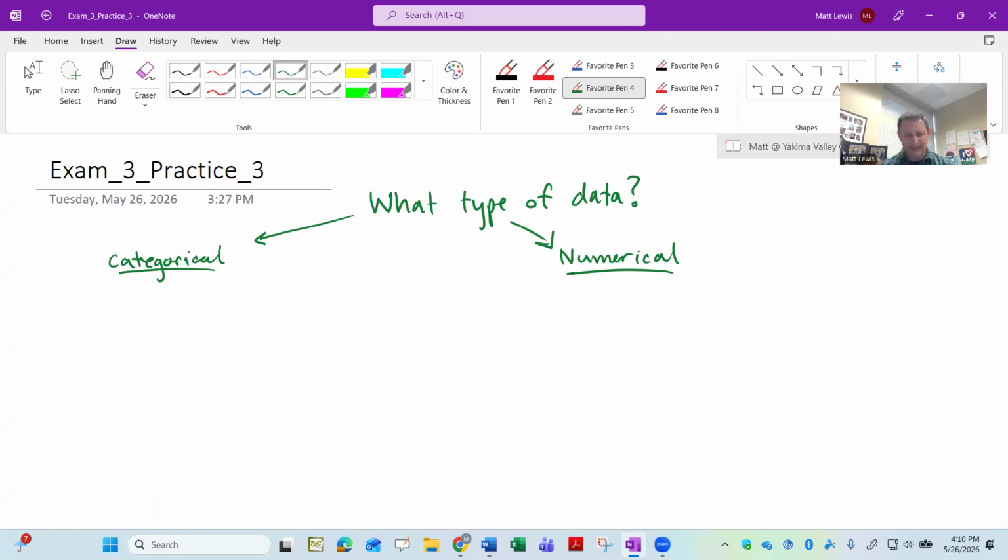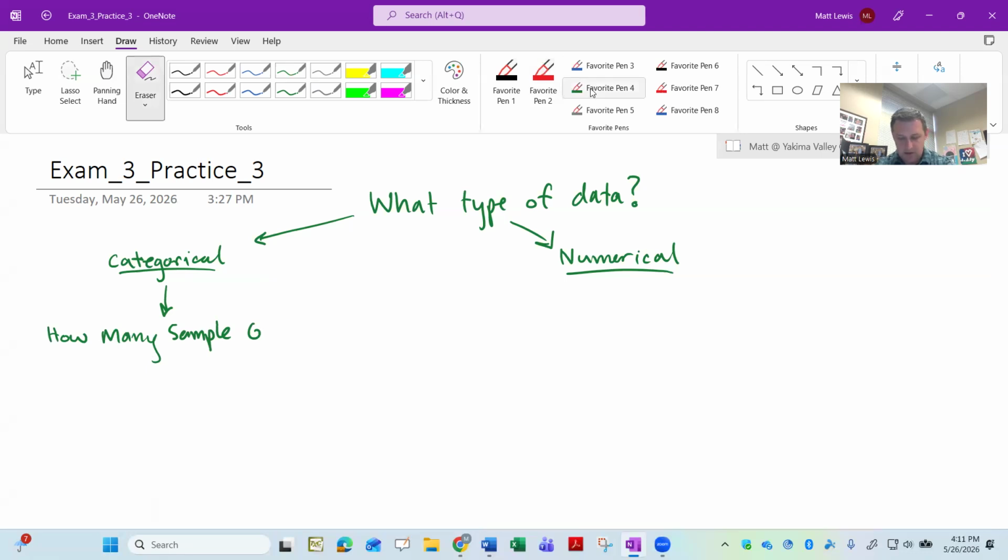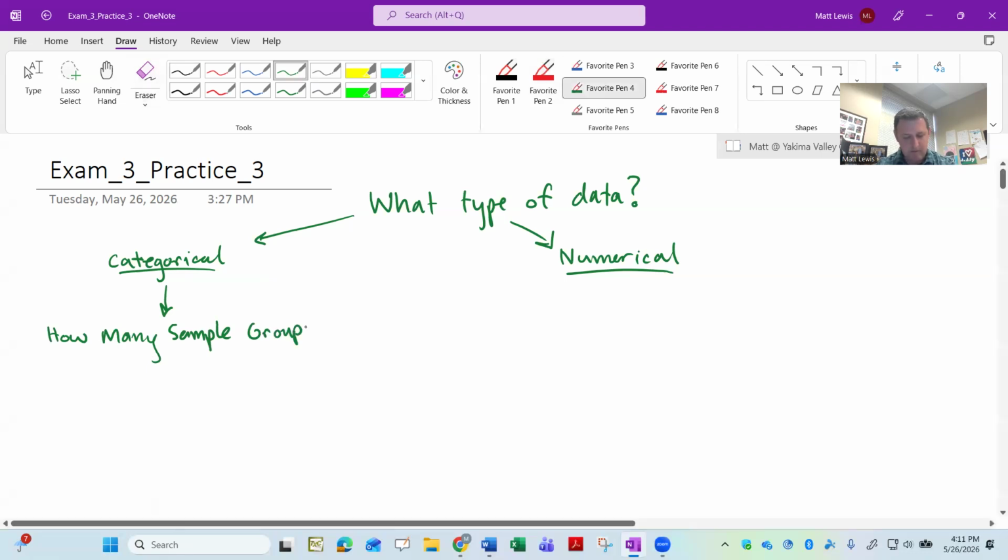So after what type of data, there's another question you need to ask, and that is, how many sample groups? And you're going to ask that whether it's categorical or numerical.